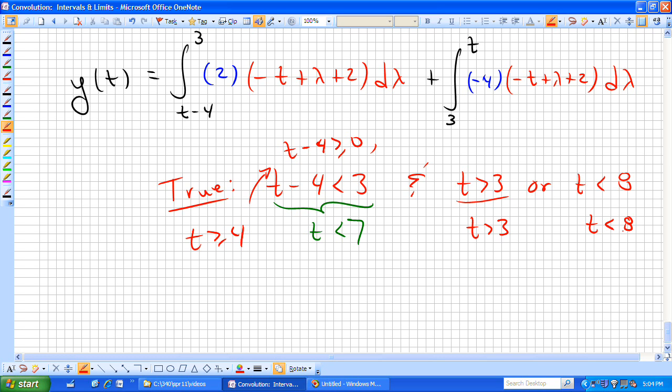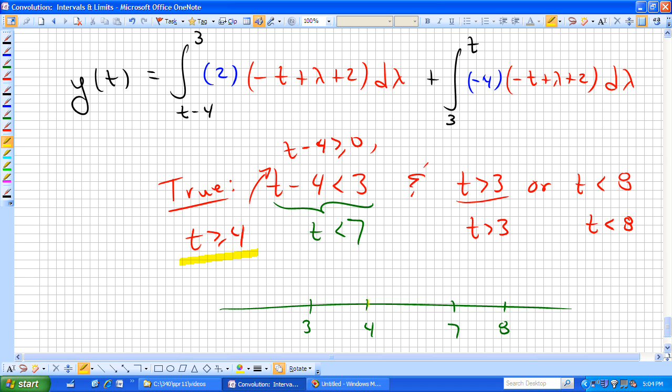And now we take the smaller intersecting set of these constraints on our time. If you look at this timeline, you now have 3 identified, 4 identified, 7 identified, and 8 identified.